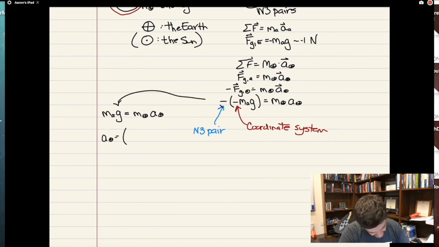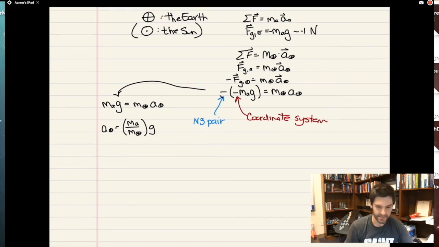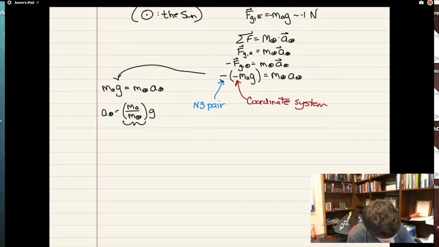But notice if I solve for the acceleration the Earth undergoes, it is not g, but it is g, 9.8 meters per second squared, times the mass of the apple divided by the mass of the Earth. This ratio is incredibly tiny. It's something like 1.6 times 10 to the minus 26.